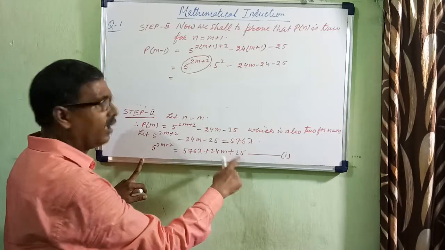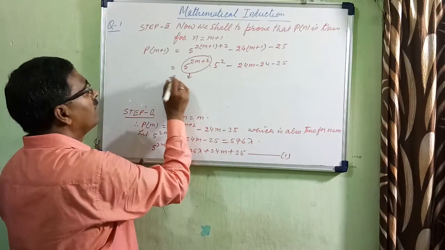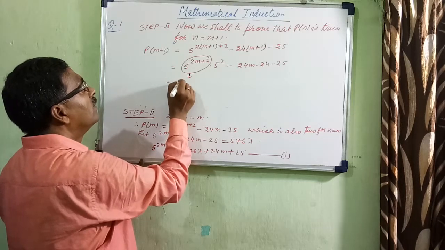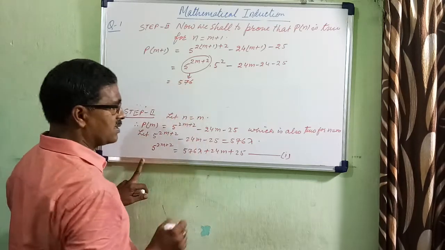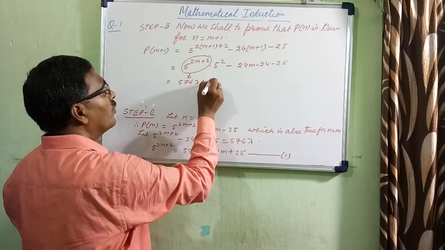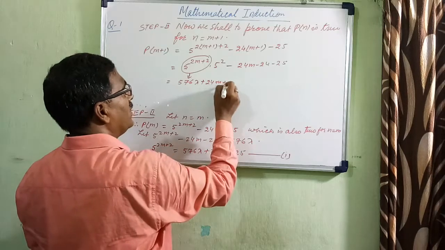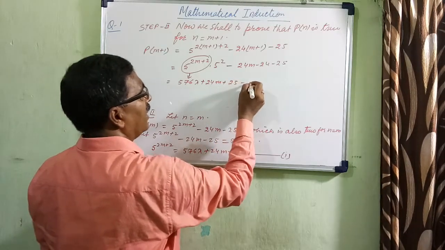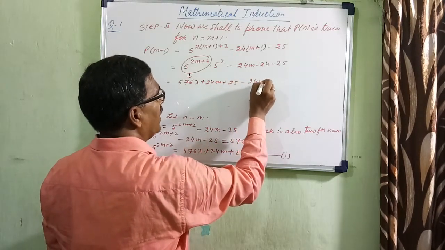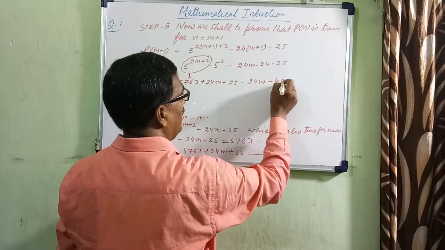So therefore we can say here 576 lambda plus 24m plus 25 minus 24m, and minus 49.